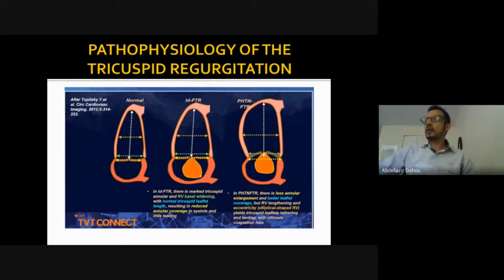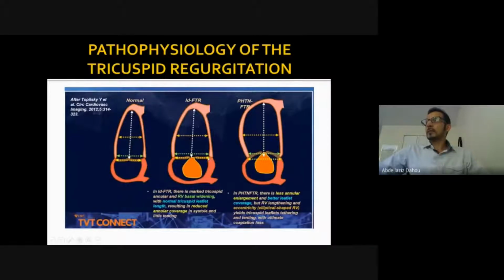This is one of the studies that looked at the mechanisms of functional tricuspid regurgitation, in 2012 by Topolsky and colleagues. They opposed here two different aspects of functional or secondary TR. This is a normal right ventricle with no dilatation and no dilatation of the tricuspid annulus.